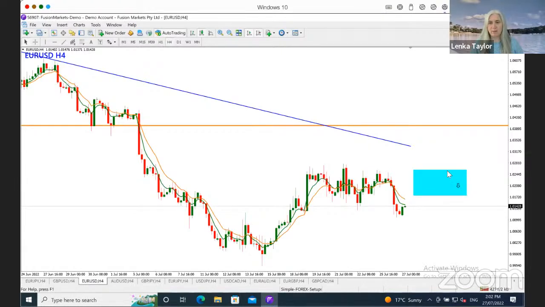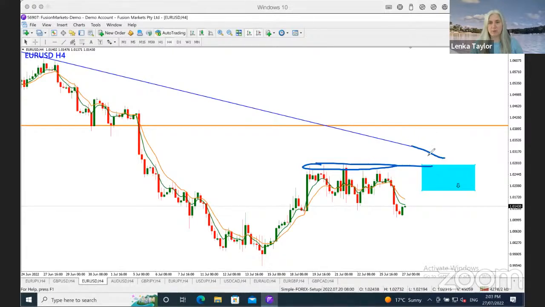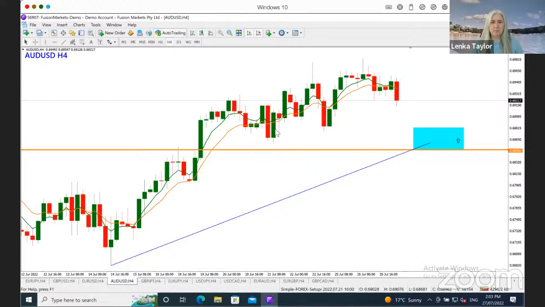But ideally, I'm looking for a pullback, perhaps to the top of the previous highs here, and also to the top of the previous trend line there. So looking for short.